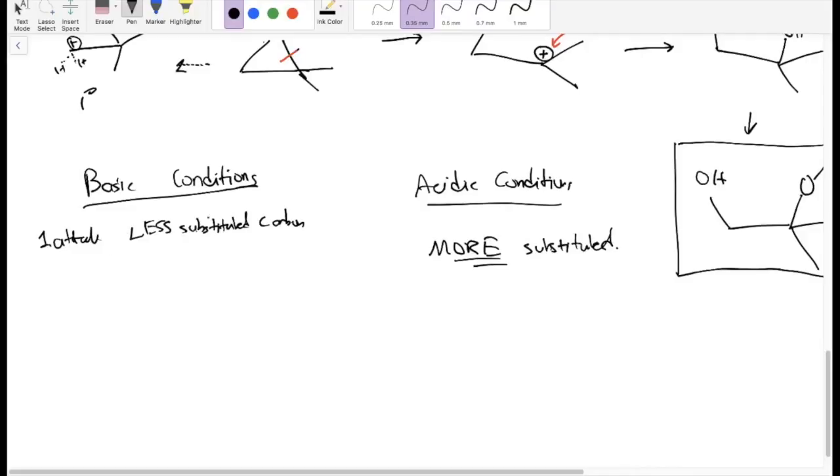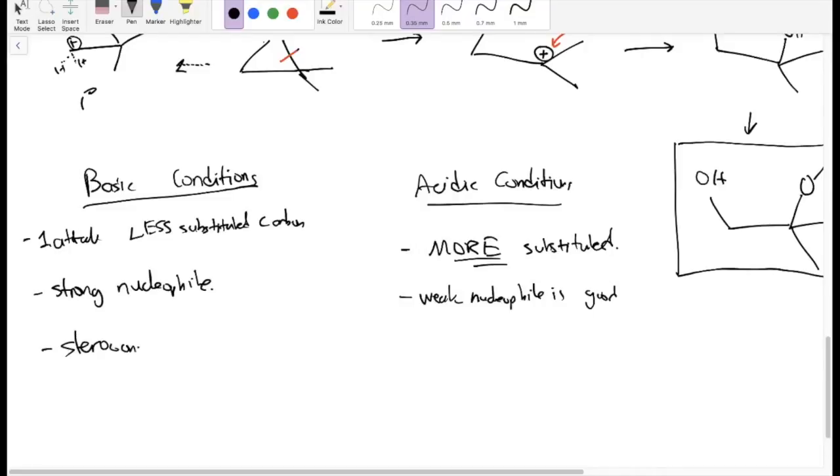Okay? This is the thing. And we always need a weak nucleophile for the acidic conditions. Weak nucleophile is good. And here we want, of course, a strong nucleophile. And the stereochemistry, which I'll go over right now.